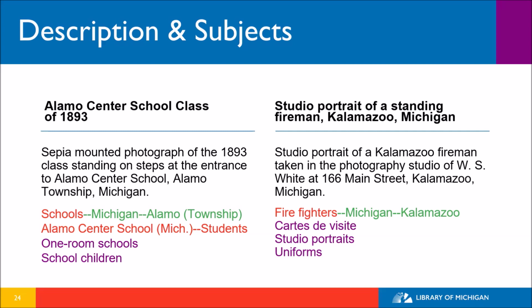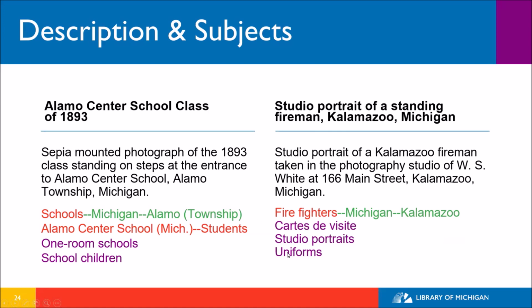In purple there, we have added two terms from the Thesaurus for Graphic Materials, which is great for providing the more specific terms of one-room schools and school children. We did something similar for the firefighter, with the Library of Congress subject heading of firefighters with the geographic subdivisions of Michigan and Kalamazoo.